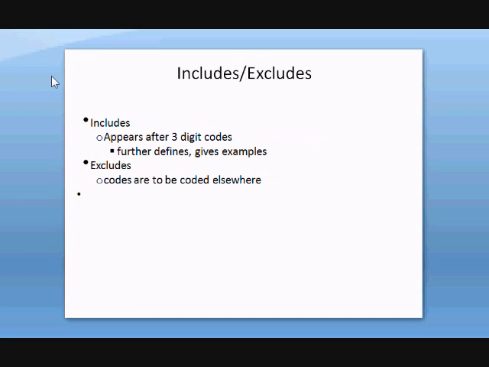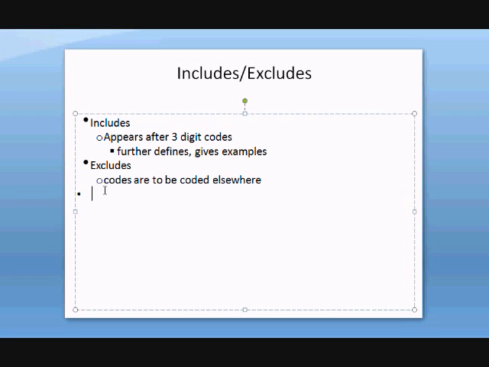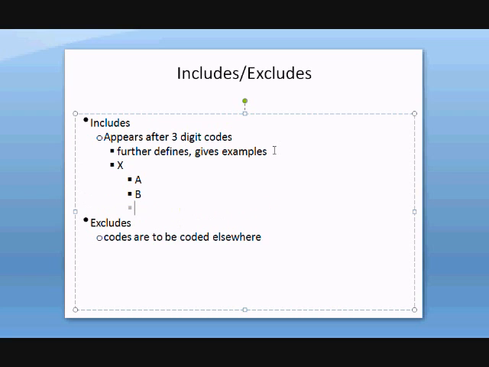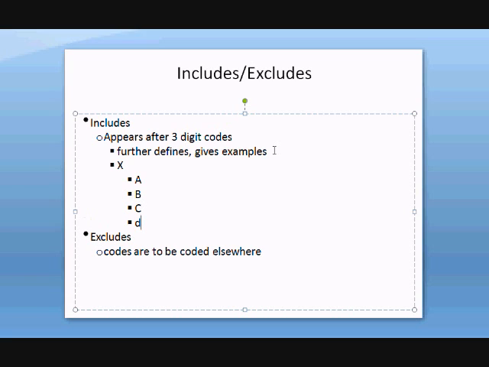The terms include and exclude. These terms are going to be changed a little bit when you get to ICD 10 because you're going to have different variations of exclude. As far as ICD 9 goes, when we say something is included, that means that it is included within the disease category. You may have an umbrella term for a disease, and let's say the disease was X, but that disease X also includes A, B, C, and D. So you find them all listed under the category.